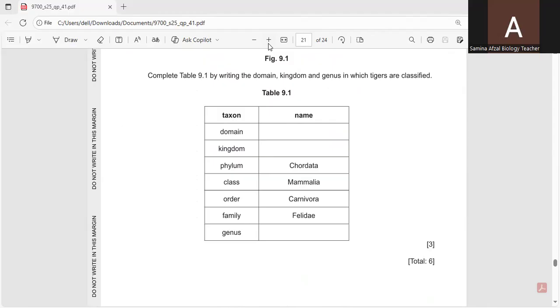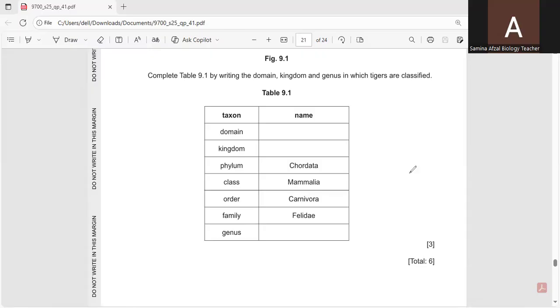The table shows the classification in which the binomial nomenclature has been shown. According to this system of classification, they are divided into many groups and subgroups.